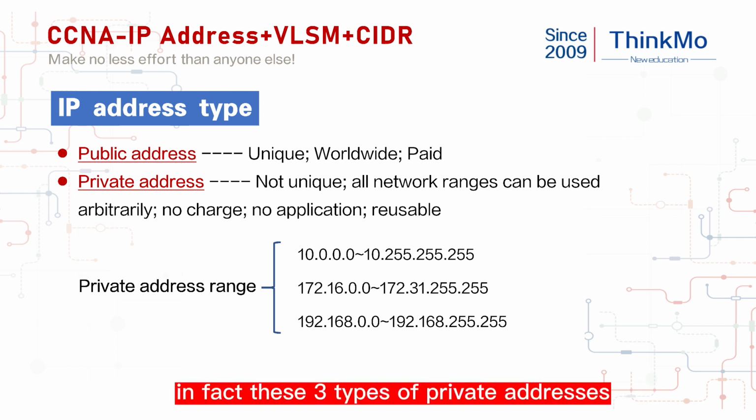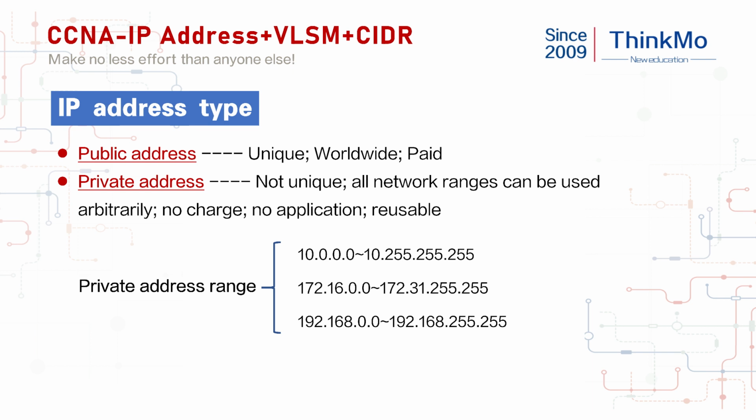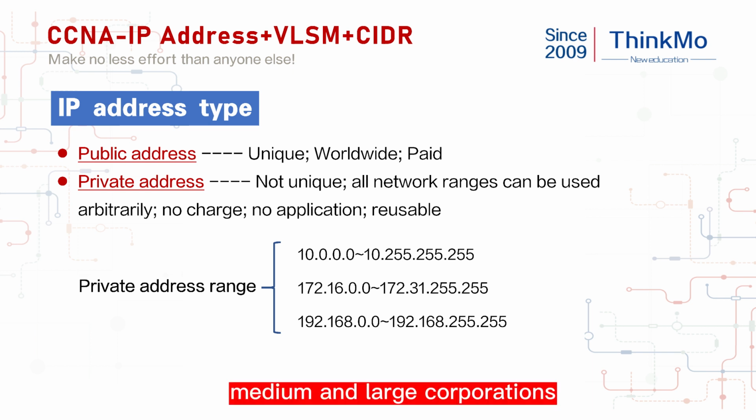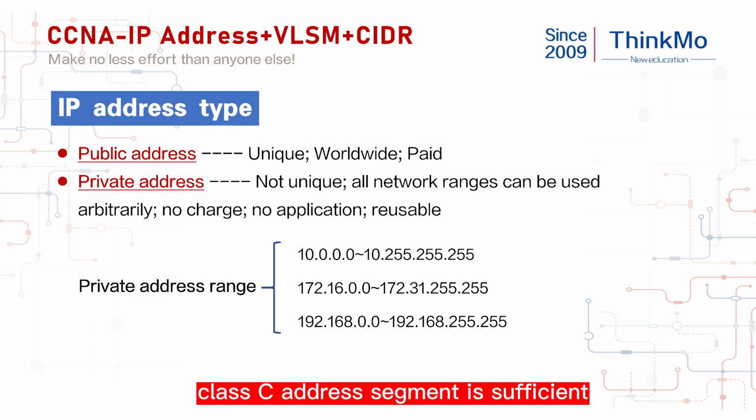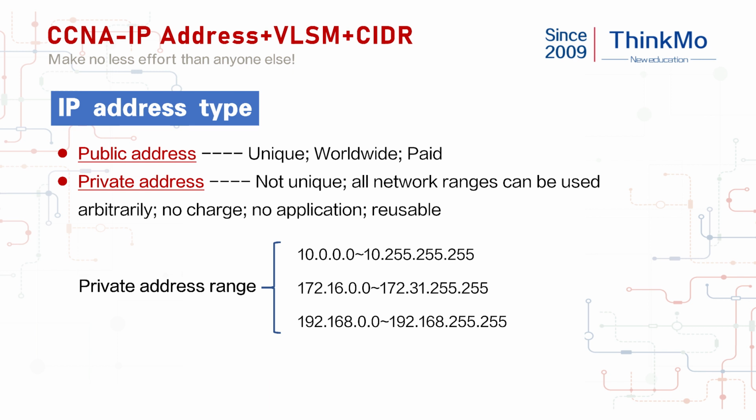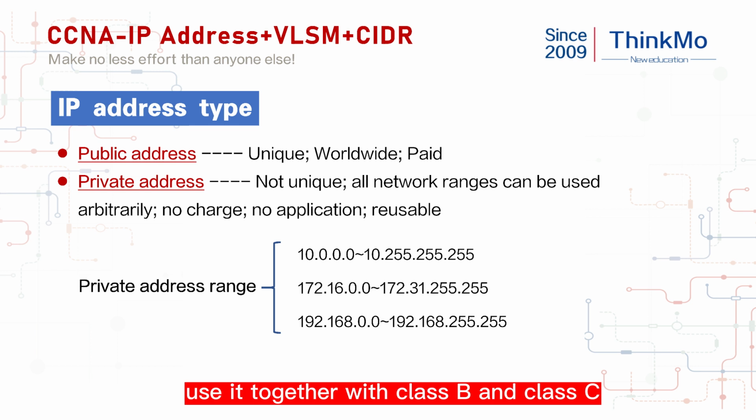In fact, these 3 types of private addresses can distinguish small, medium, and large corporations. Generally for small businesses, a Class C address segment is sufficient. For medium-sized companies, if Class C is not enough, use Class B and Class C together. Large enterprises directly use Class A.